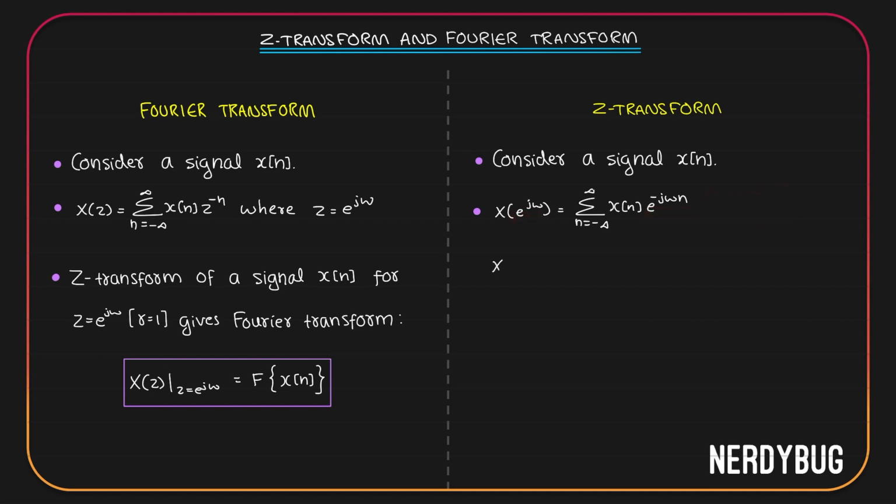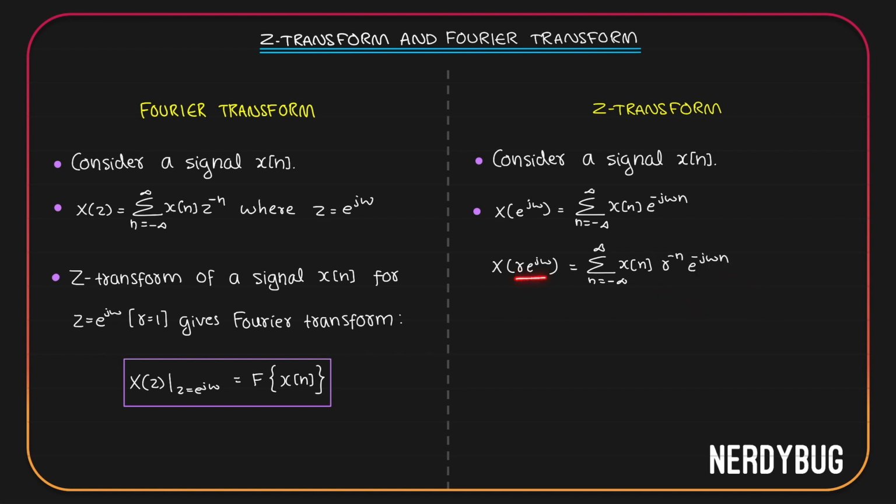What if I want X of r e raised to j omega? Then it will become summation from n equals minus infinity to infinity x of n, r e raised to j omega to the power minus n. Or this can be written as r to the power minus n e raised to minus j omega n.